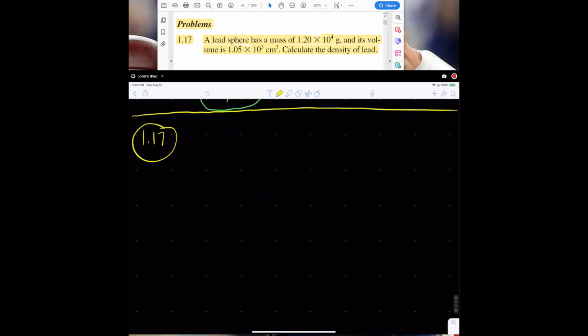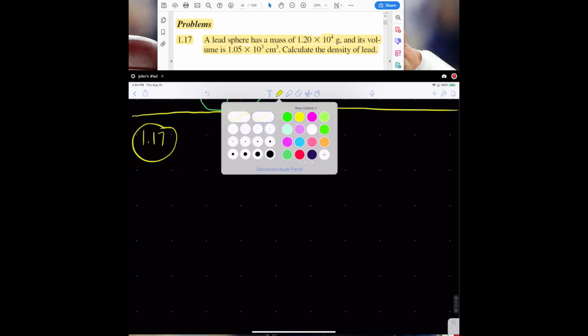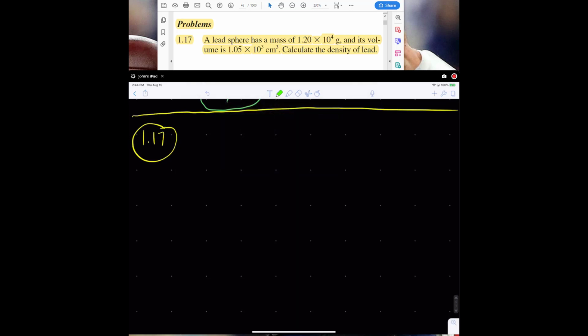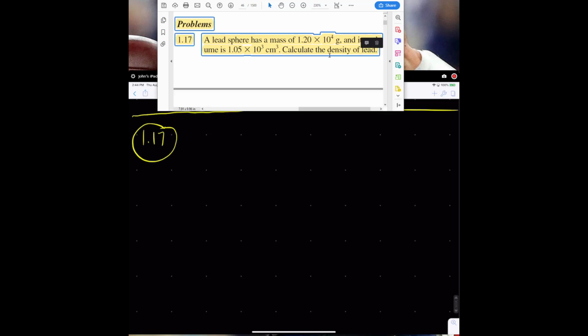Alright, so we're going to start on 1.17. This is going to deal with some math. It states a lead sphere has a mass of 1.20 times 10 to the 4 grams, and its volume is 1.05 times 10 to the 3rd power centimeters cubed. Calculate the density of lead.